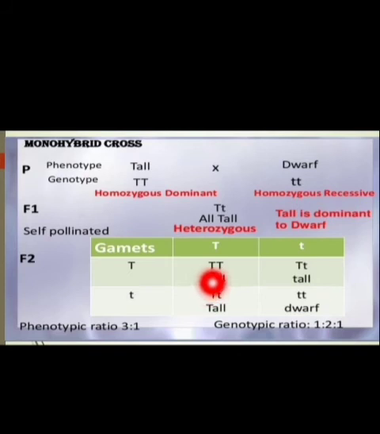So pure capital T, only one plant. Then these two are the hybrid, capital T, small t. So 2. And the last one is the dwarf, recessive, 1. So the genotypic ratio is 1:2:1. The genetic constitution is called the genotypic ratio, right?